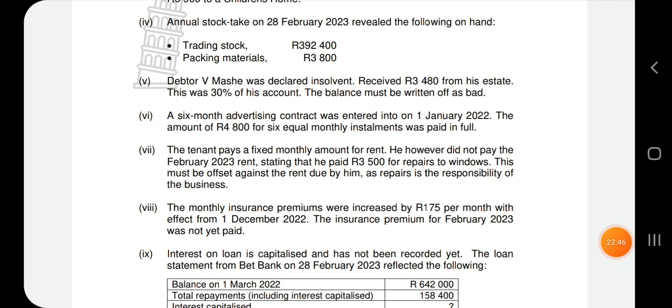So a debtor, V Mesh, was declared insolvent and we received 3,480 from his estate. This was 30% of his account. So we only got 30% of what he owed us, and the balance must be written off. So we have to find out what was the 70%.